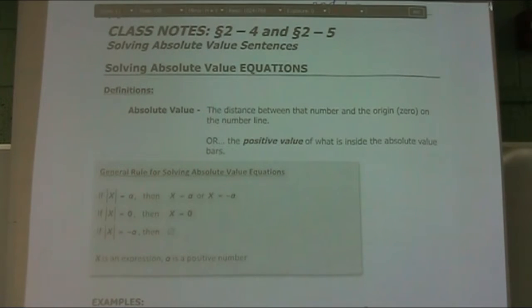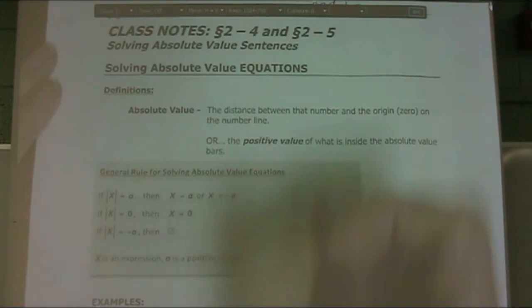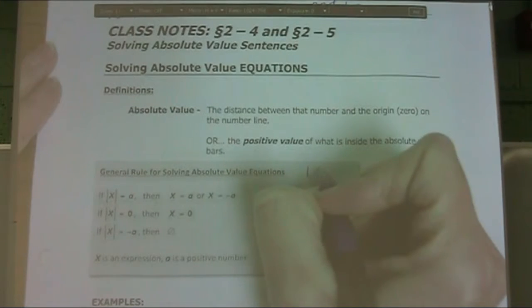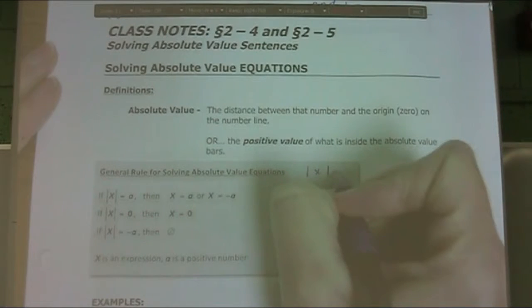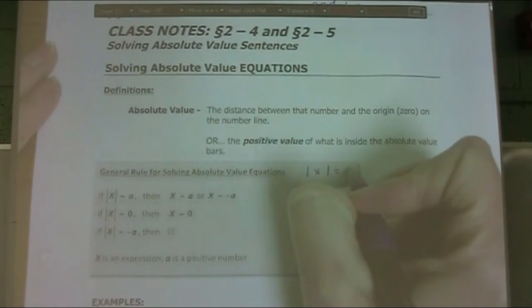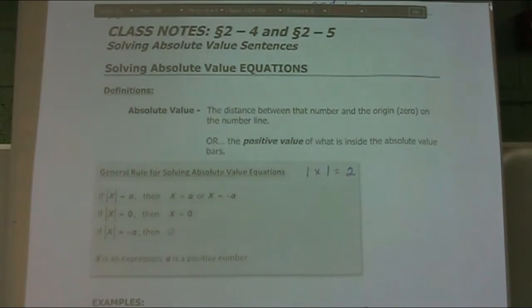And let me just put a very simple one out there. And that is this. The absolute value of x equals 2. It's just an equation. So the absolute value of x equals 2. The question is, when we go to solve this, what is x? 2 or negative 2.